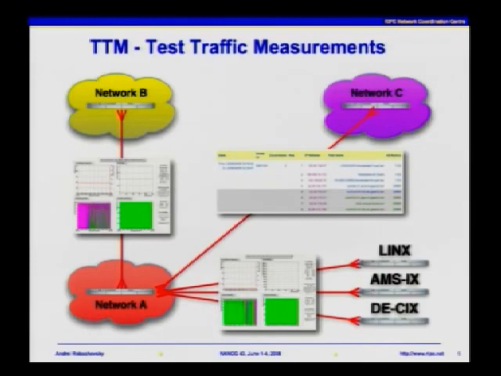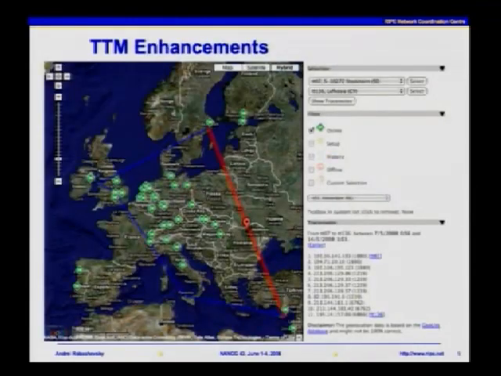It also allows you to use traceroute with history to track routing changes across certain links to certain measurement points. We are trying to improve the user interface and the way we present this data, and mapping TTM data to Google Maps is one way of doing this.